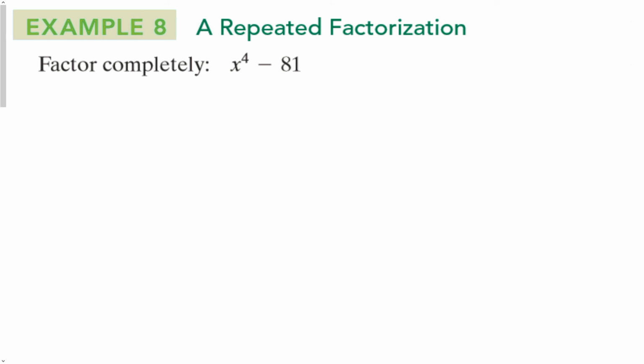Like this problem. So x to the fourth is a perfect square. It is x squared times x squared. 81 is a perfect square. It's 9 times 9. So I can factor this with the technique that I just used. Okay? x squared plus 9 is prime.